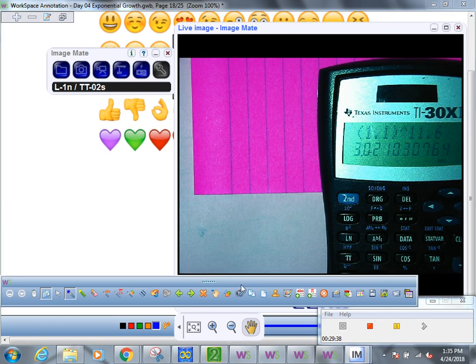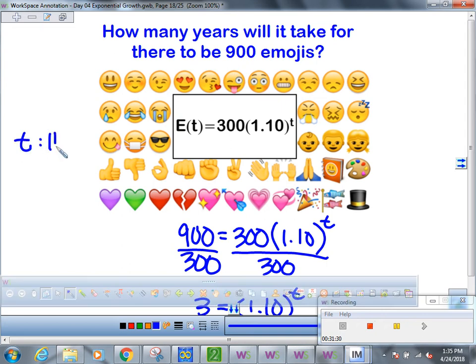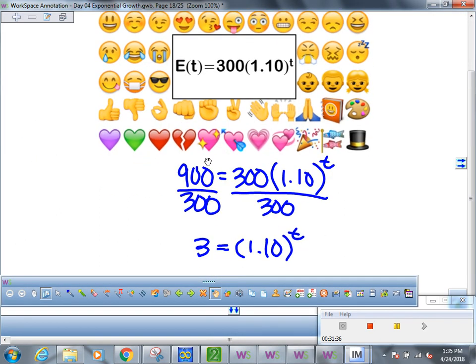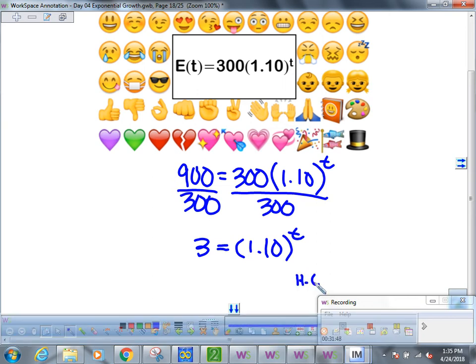So what that's saying is it would take 11.6 years, or no, we were talking months, so it would take 11.6 months to get this number.